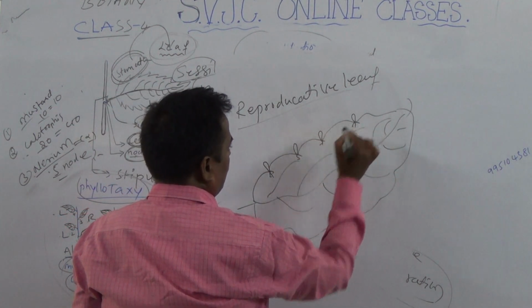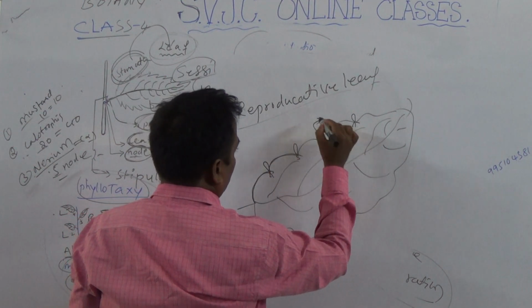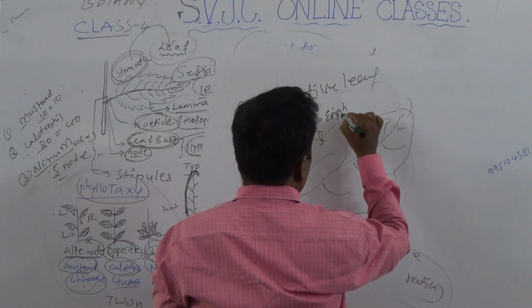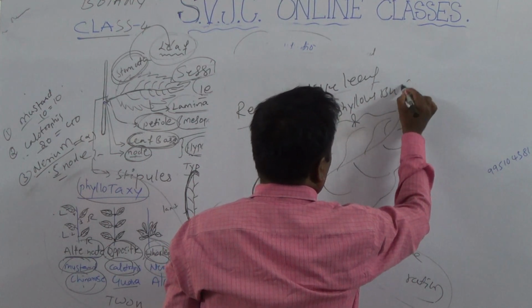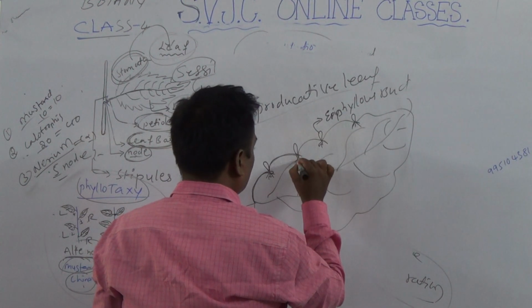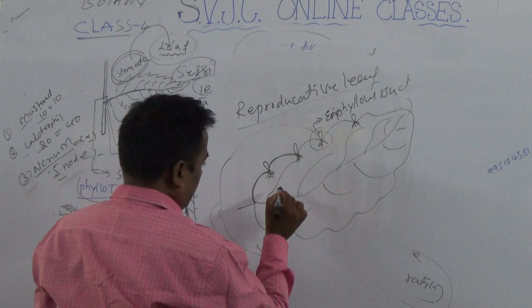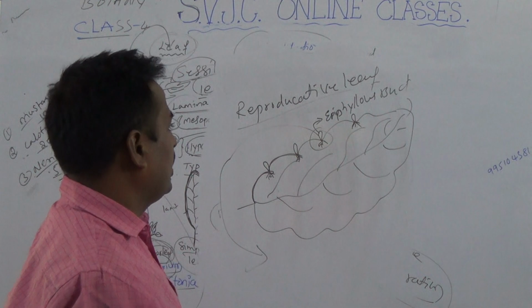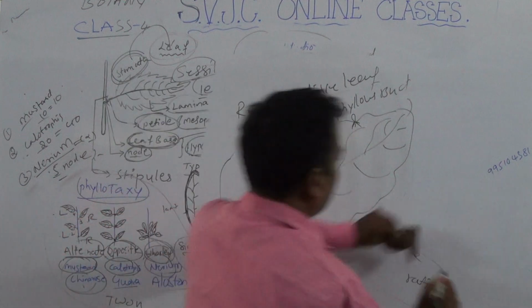Okay, madams, the margin of the leaf produces small buds, epiphyllous buds. Every epiphyllous bud has adventitious roots. When epiphyllous buds are detached from the parent plant, they can develop into a new plant. That is the function of the reproductive leaf: it gives a new plant.